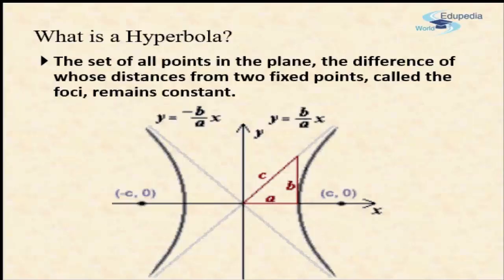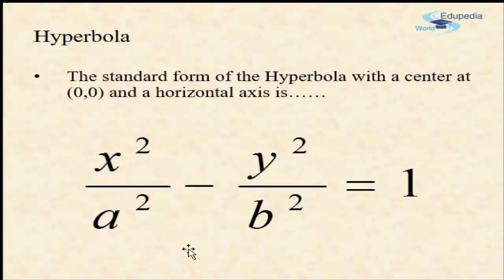The equation of the hyperbola is this. This is the generalized equation of the hyperbola, the one that we saw above. This is the equation of the hyperbola which is centered around the horizontal axis, that is the x-axis, and centered at the origin, that is 0, 0.